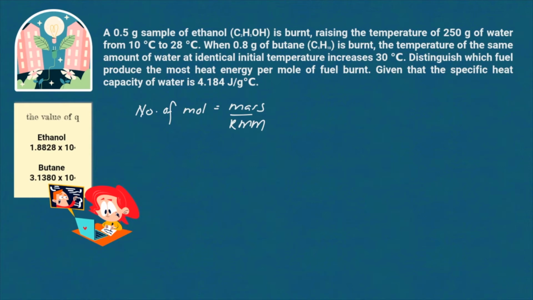So for the ethanol, the mass is 0.5, and now we are going to calculate the RMM.